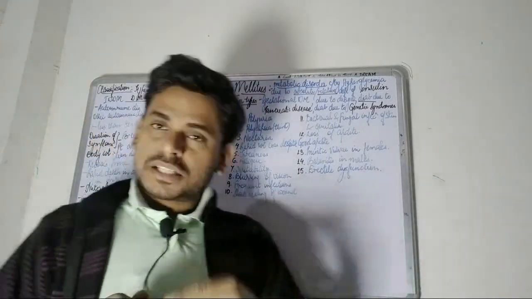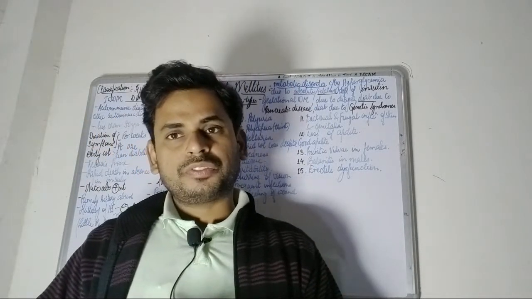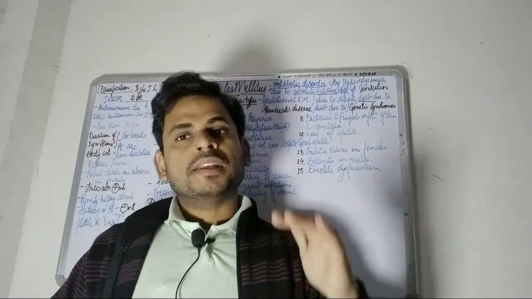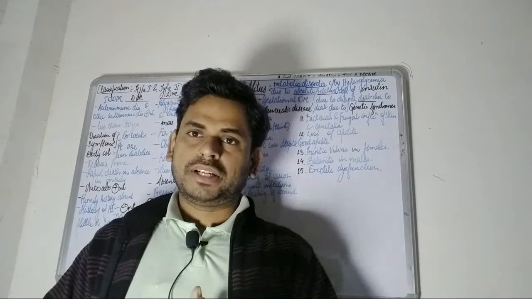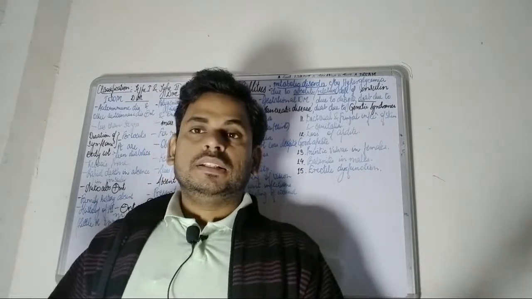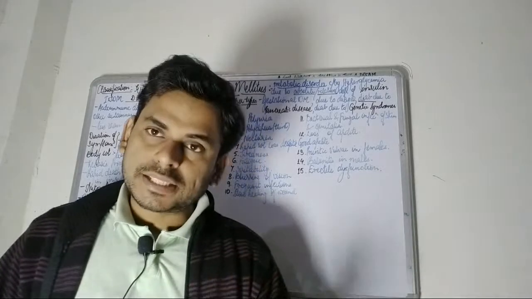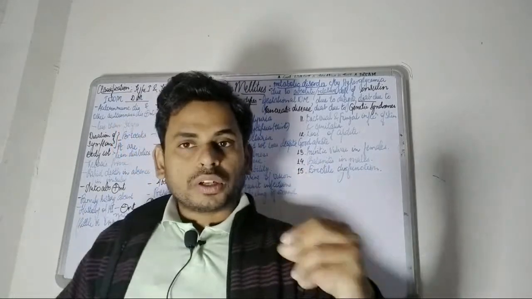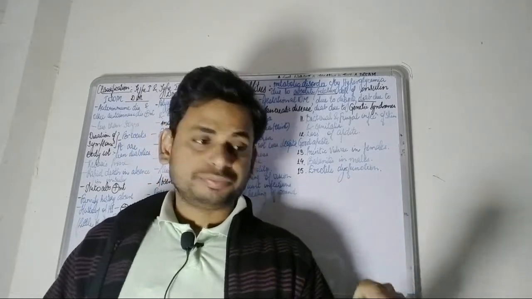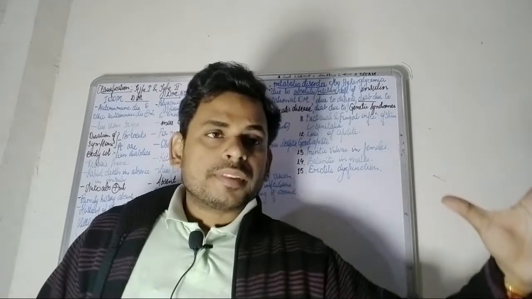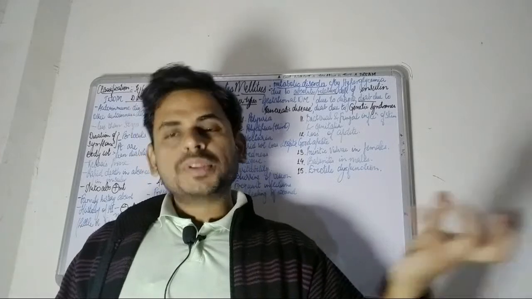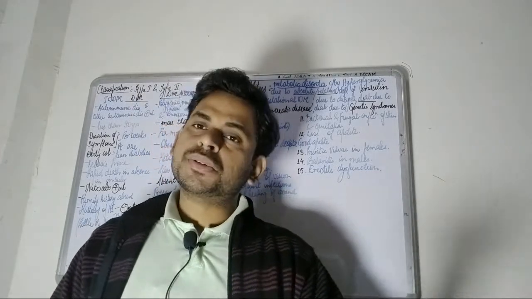Whereas the relative deficiency, what is the meaning of relative deficiency of insulin? Relative deficiency refers to insulin being produced by the pancreas, but the host, the individual, has become resistant towards insulin. That means the quantity of insulin being produced is not capable enough to convert the glucose into glycogen and store it in the body tissues or in the liver.